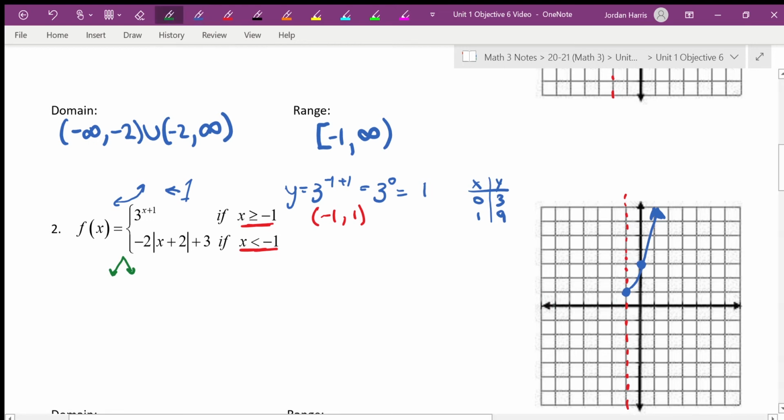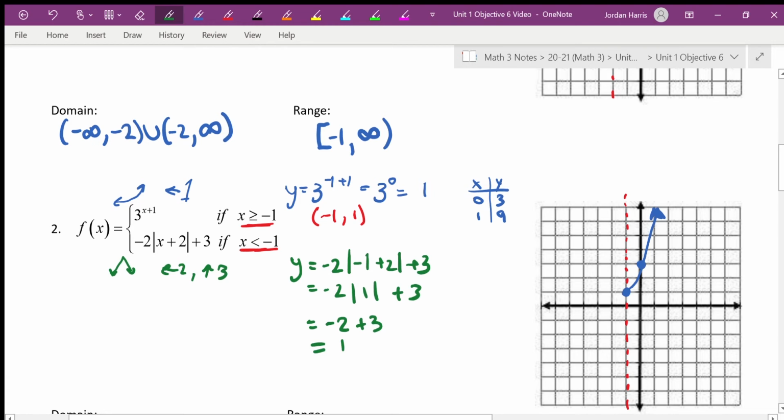I am still going to use the same color, but change colors just for this. So this is a left 2, up 3 shift, plug in. Okay, so I get negative 2, absolute value of 1 plus 3. Absolute value of 1 is just 1, so it's negative 2 plus 3, which happens to be 1.